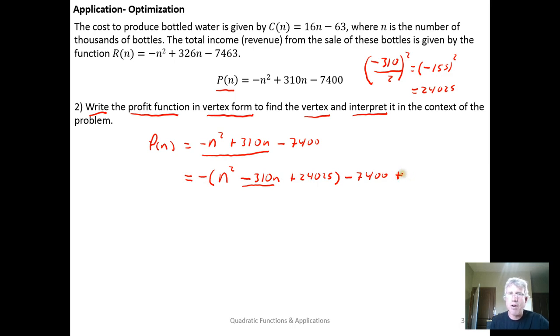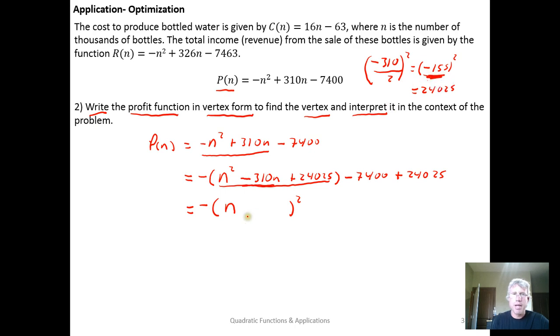So I'm going to add on the same amount so that it cancels with the amount that I subtracted. We wind up getting negative 24,025 plus 24,025 is 0. We've added nothing to the function. Now I've completed the square on the inside of the parentheses, so it's going to be n, and then I have to identify what I squared.